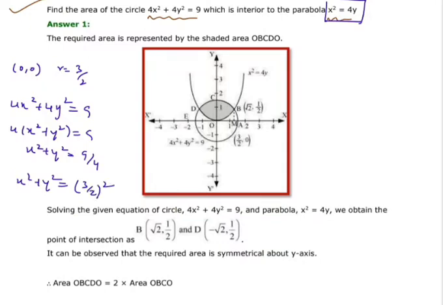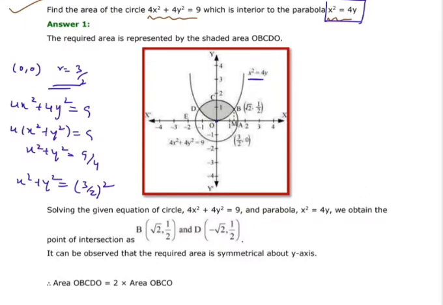So the radius is 3 by 2, that is 1.5. We have taken a circle with this center and radius, and the parabola x square equals 4y opens upward.